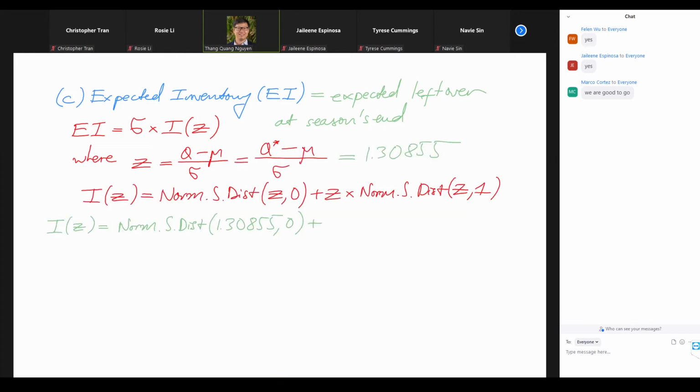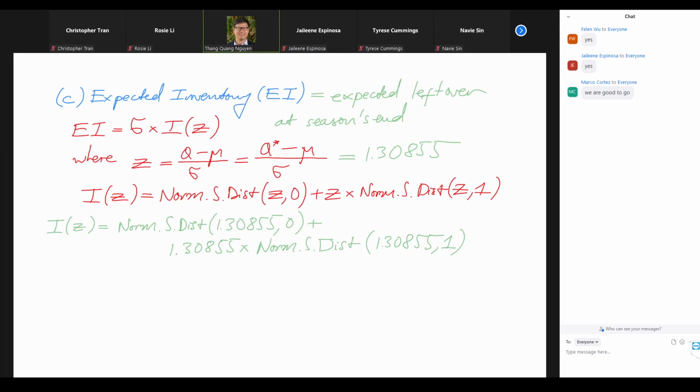We take 1.30855 as a number, multiply with NORM.S.DIST, not the inverse function. This is a distribution function. And then we put in 1.30855 comma 1. So either you punch this in Excel, or in the homework question, I have the table at the end where you can look up the IZ. So either way, it should work.